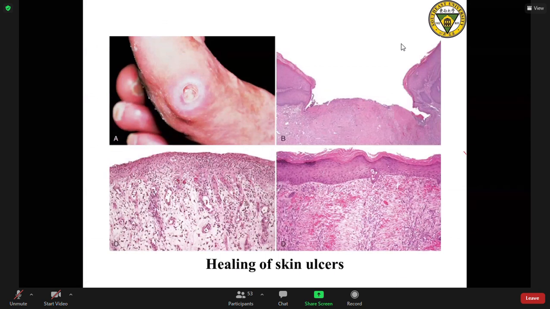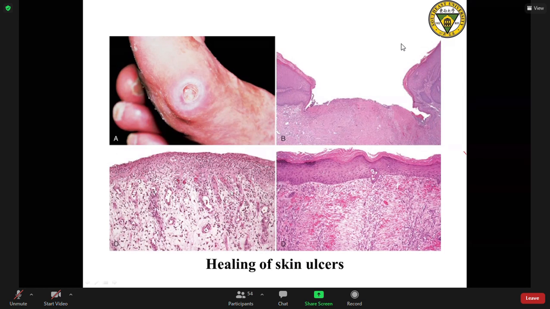Sure. After a period of time, we can see the healing of different ulcers or different necrotic tissues. It's just an example. See the ulcer on the skin. At low power, you can see here is the ulcer. This is normal, but here, ulcer.